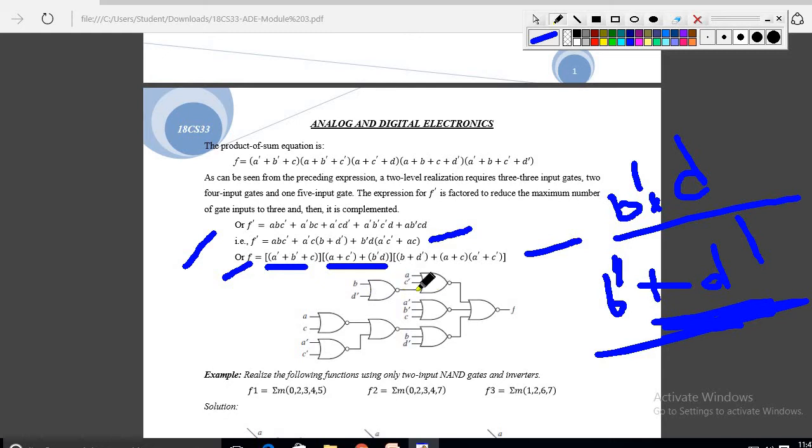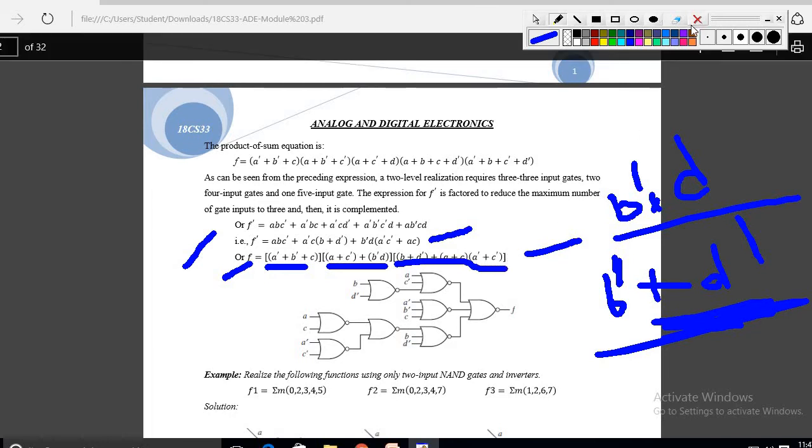Again you have to give the output of this NOR gate to the input of this NOR gate. Now it will be A plus C bar plus B bar D, or else B plus D bar. These two inputs are formed. Coming to this input, what is there here? See here carefully.